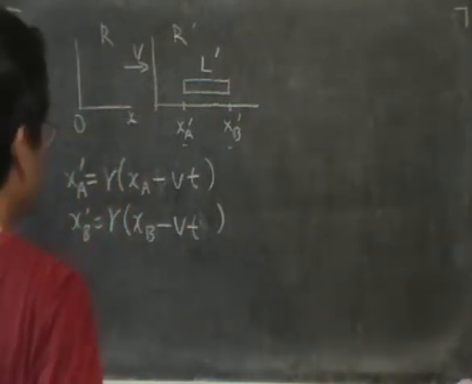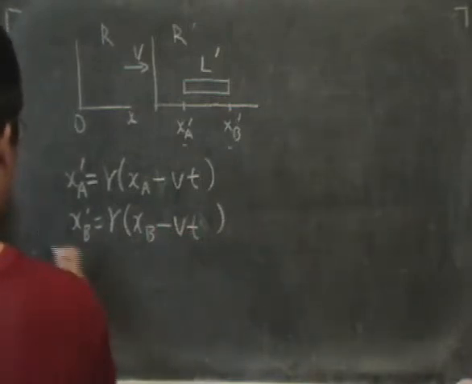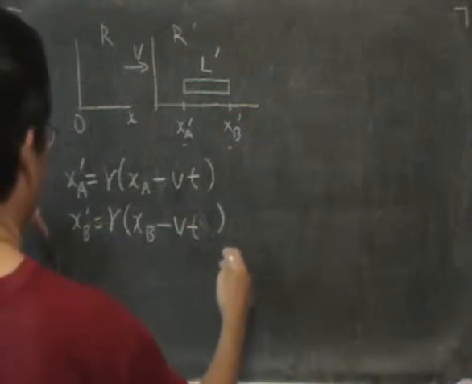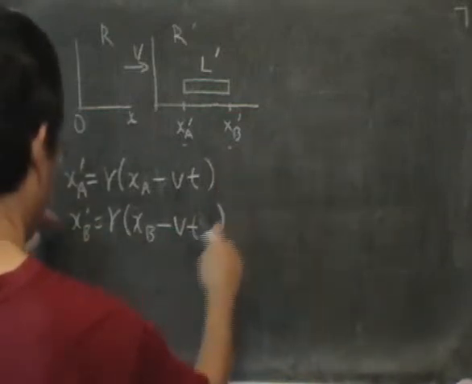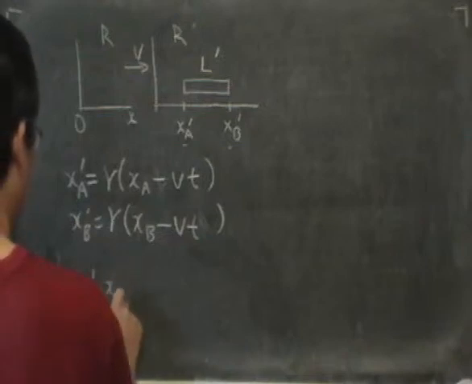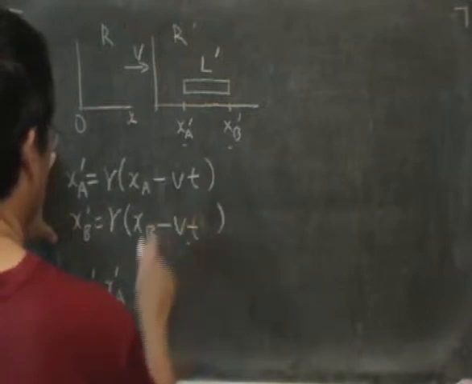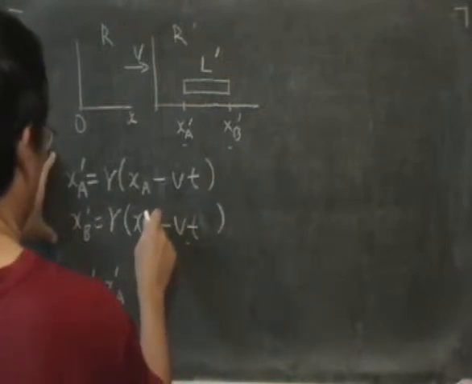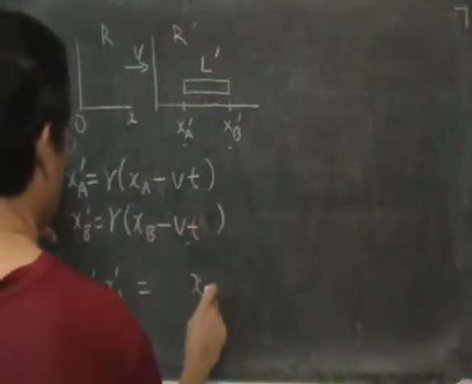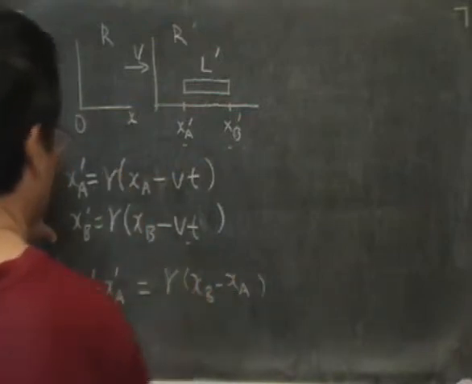So in order to find that, we can subtract the two. I'll subtract the first equation from the second equation. So I have xb prime minus xa prime on the left, and on the right, vt and vt cancel. I'll have xb minus xa with a factor of gamma.